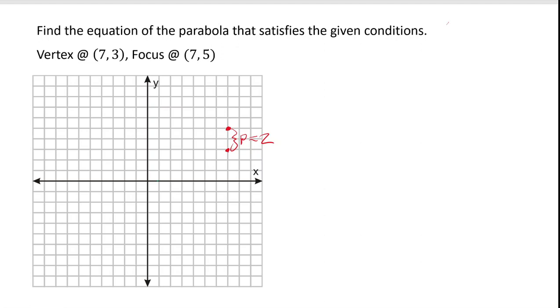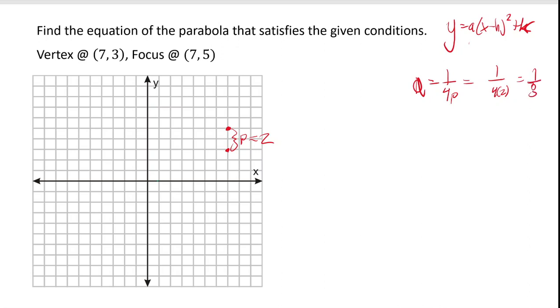This is an up and down parabola because those 2 points are on the axis of symmetry. y is equal to a times (x minus h) quantity squared plus k. That's the format I'm looking for. And I can get a because a is equal to 1 divided by 4p, which is 1 divided by 4 times 2, which is 1/8.